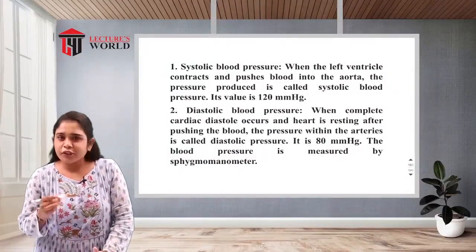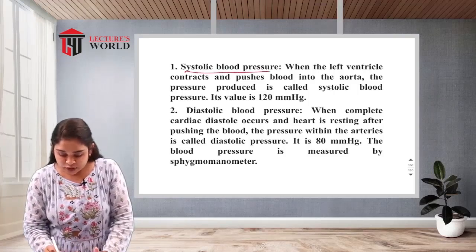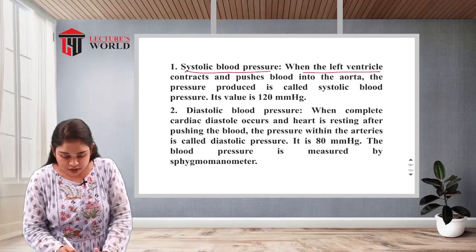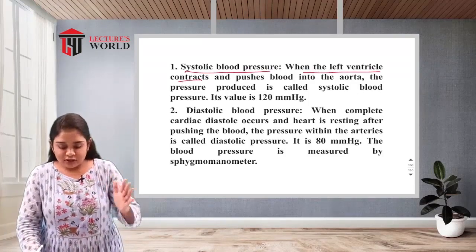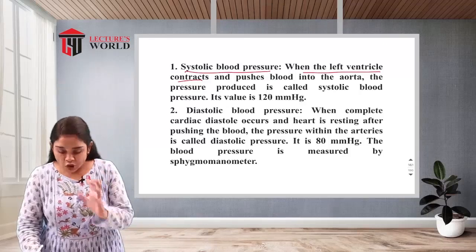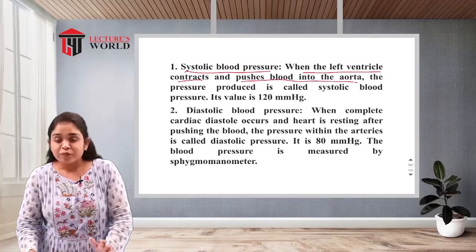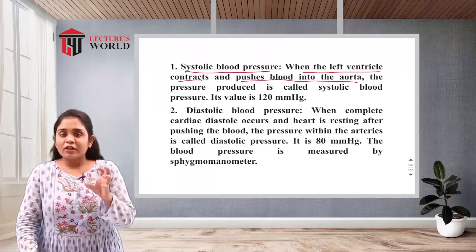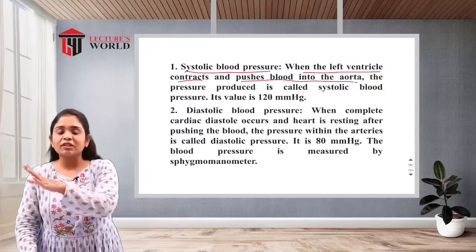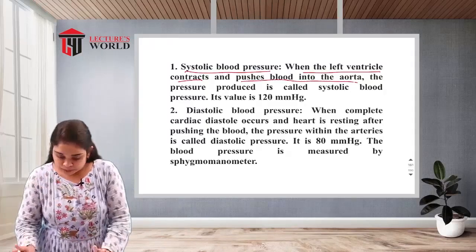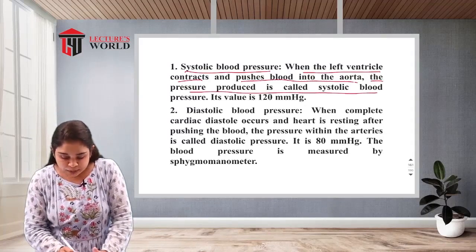Here we will talk in a little more detail. First, systolic blood pressure: when the left ventricle contracts, it pushes the blood into the aorta. After the left ventricle is filled with blood, it contracts and gives the blood to the aorta, and the pressure produced is called the systolic blood pressure.